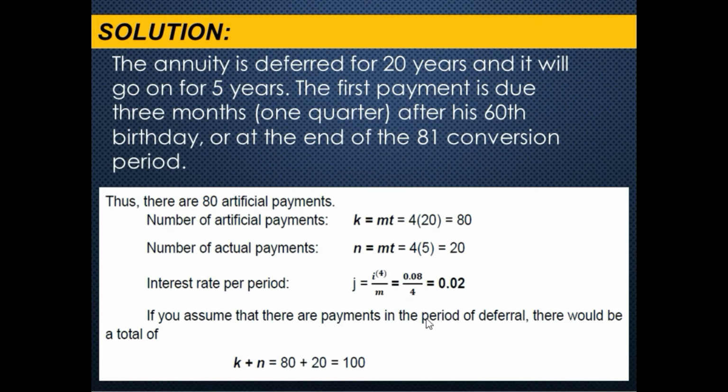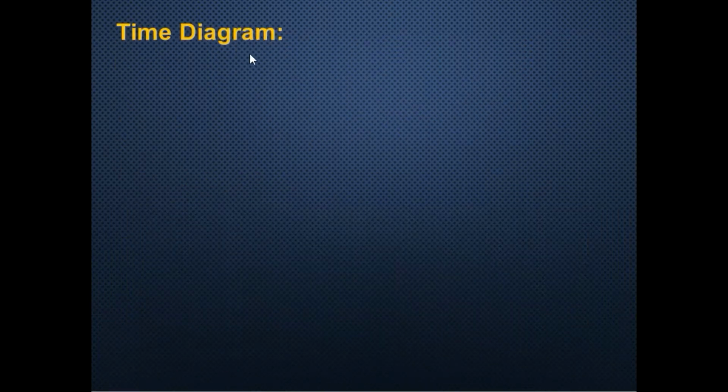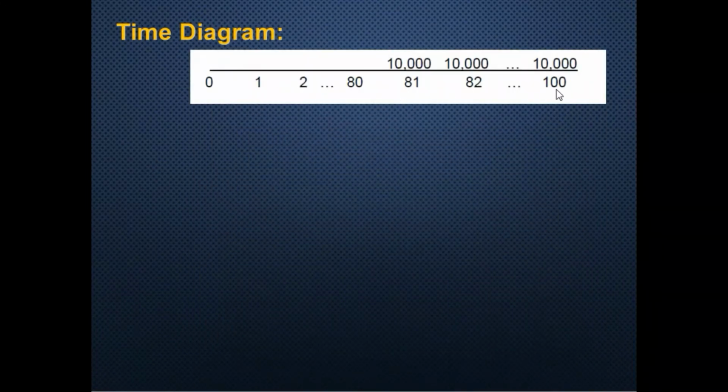If you assume that there are payments in the period of deferral, there would be a total of K plus N, or 80 plus 20, which is 100. So as you can see in our time diagram, you have 100 payments, where he would receive 10,000 pesos on his 60th birthday until the 100th payment.